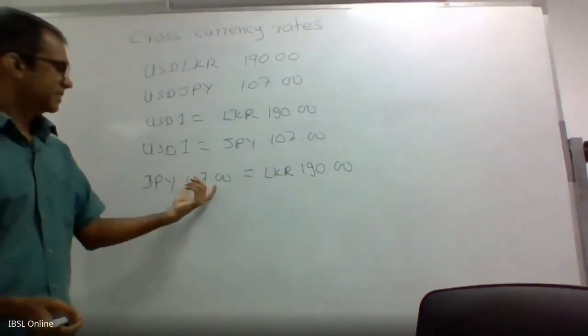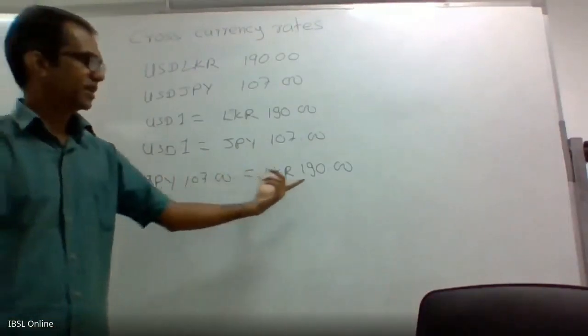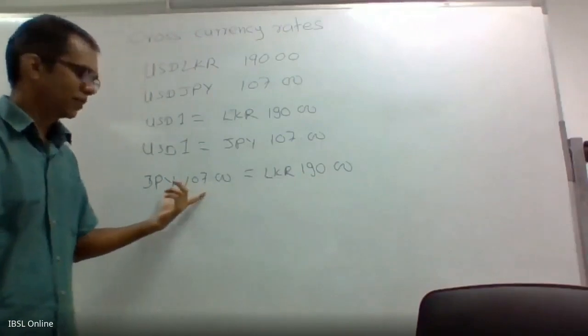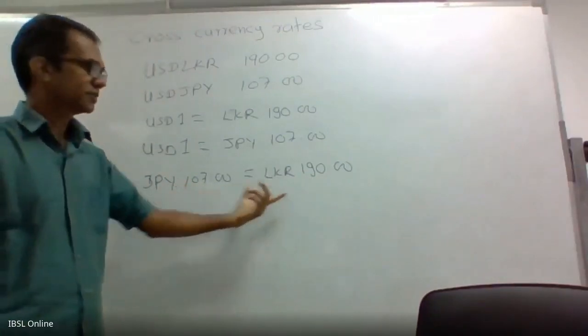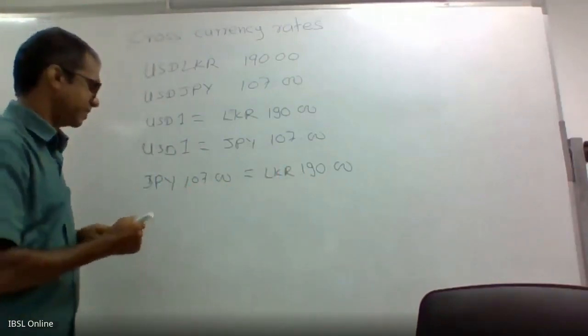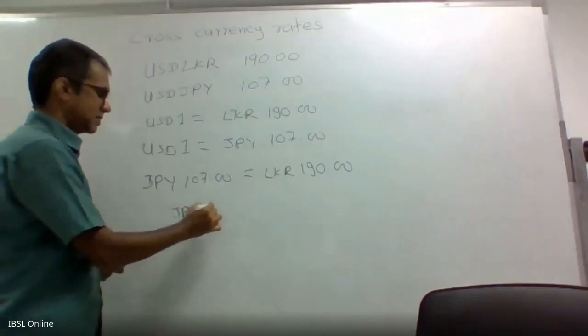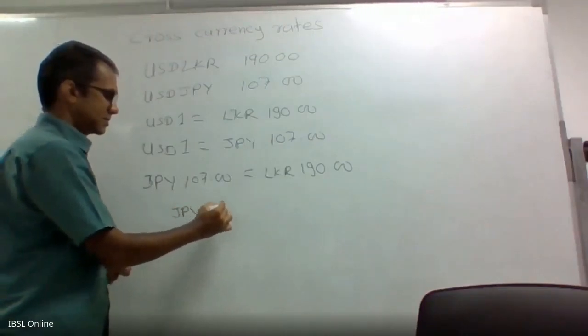If 107 Japanese yen equal 190 rupees, what is the value of 1 yen in terms of rupees? We divide by 107 on both sides.